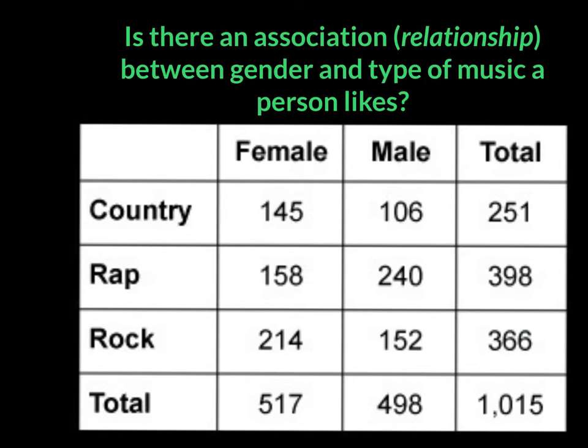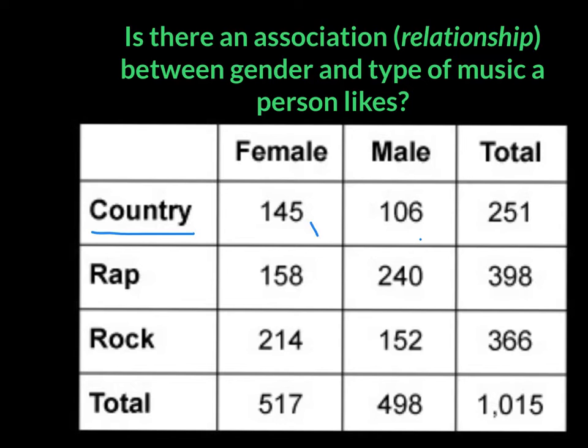Again, the reason we like to keep data is because we want to see, is there an association or a relationship between gender and the type of music a person likes? The way I want to do this is I just want to look at each one individually. So I see country. More girls than boys like country.